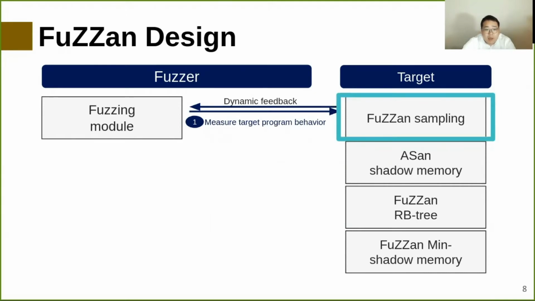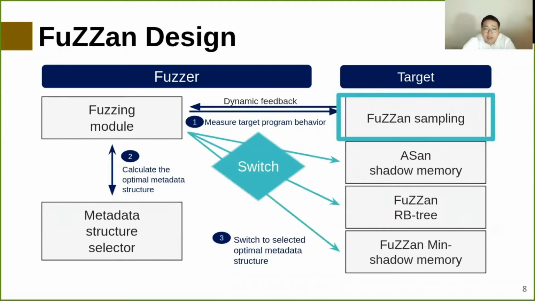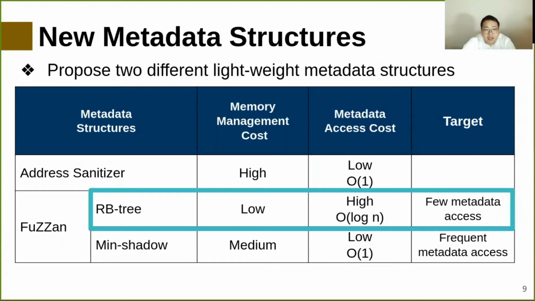Based on feedback, we calculate the optimal metadata structure and switch to the selected metadata structure. During fuzzing, we periodically repeat this process to increase the fuzzing throughput. Now let me show you two new Fuzzan metadata structures, arbitrary and mean shadow mode. First, we design arbitrary for target applications with a few metadata accesses.